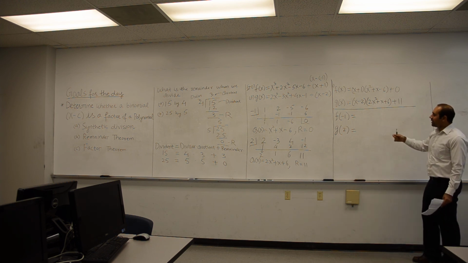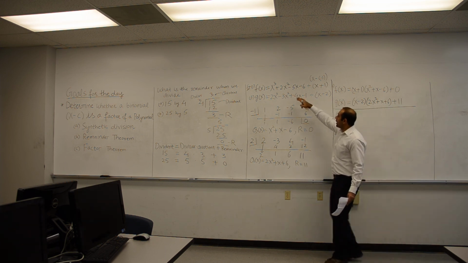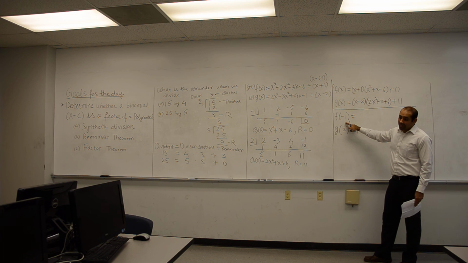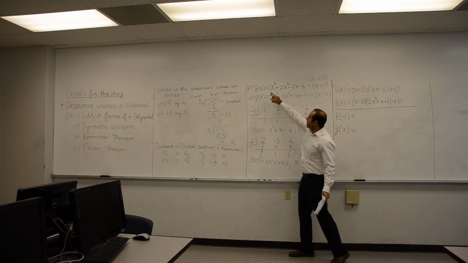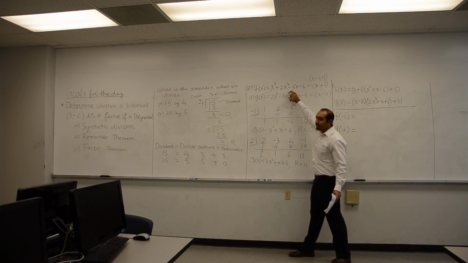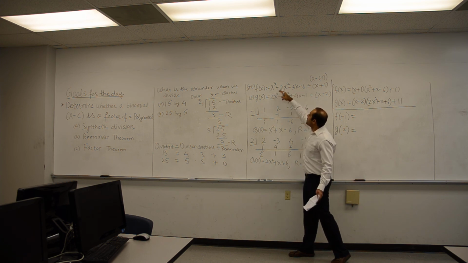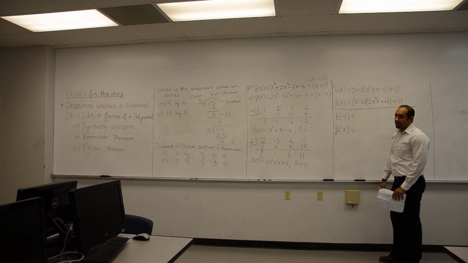So how would you evaluate this polynomial function here at x equals -1? Well, there are two ways. One of the ways would be, you take this -1 and substitute here, because this is our original f of x, right? So we substitute x by -1 and simplify, and we get the value of this function at x equals -1.